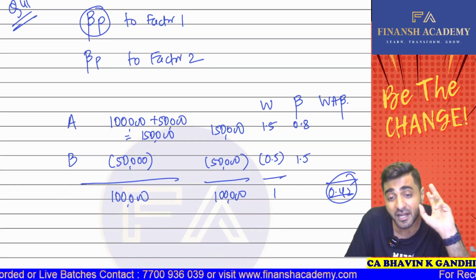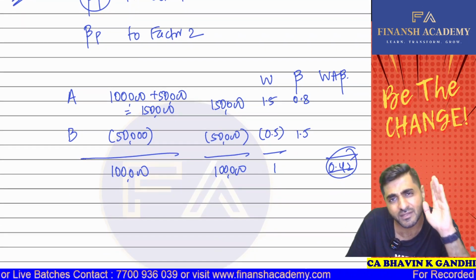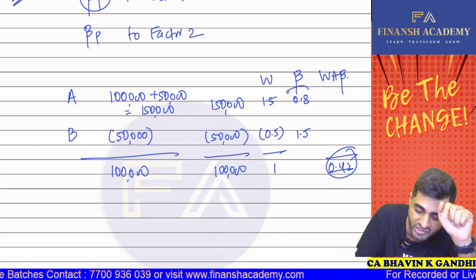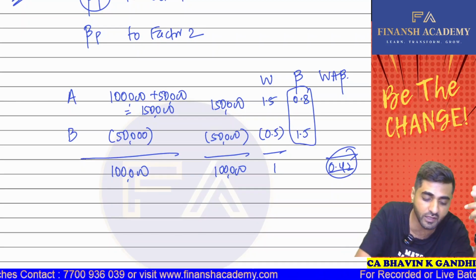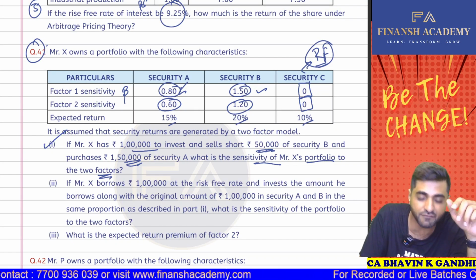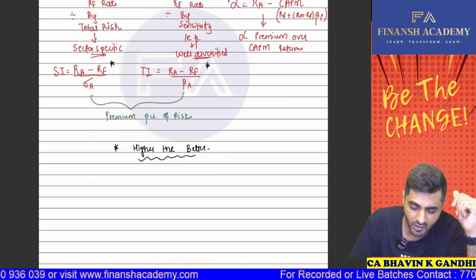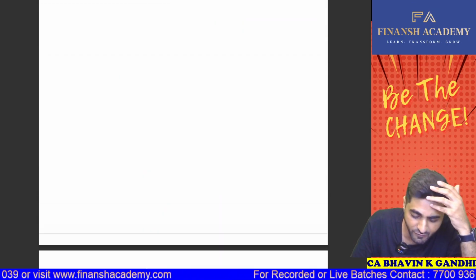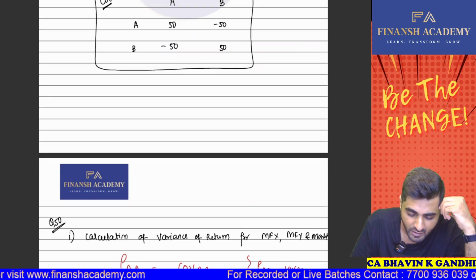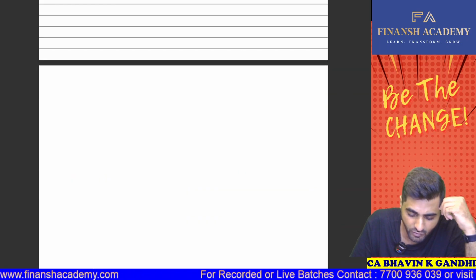Yes, sir. Similarly for factor 2 sensitivity, it will be the same weights, but now the betas will be changed to your factor 2. So that is how we'll be calculating, in the first part, the beta of the portfolio. To show you the solution for this, let me just see if I have it right now.